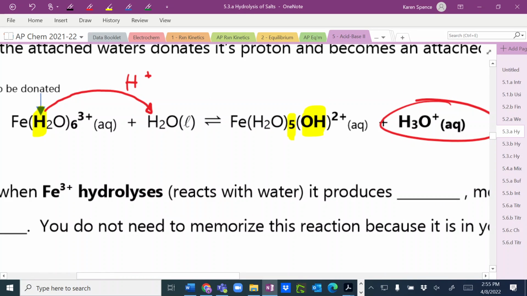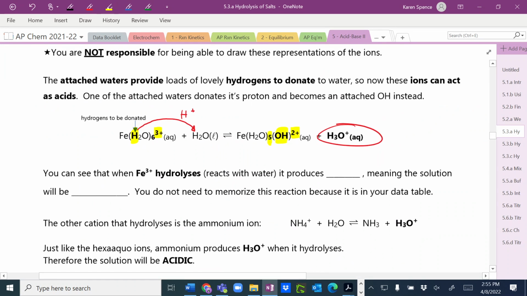The charge has gone from 3 plus to 2 plus because it lost a proton. Is that good? Okay. So when Fe3+ hydrolyzes, it produces H3O+, which means the solution will be what? Acidic or basic? Acidic.